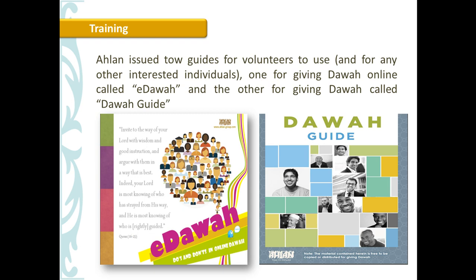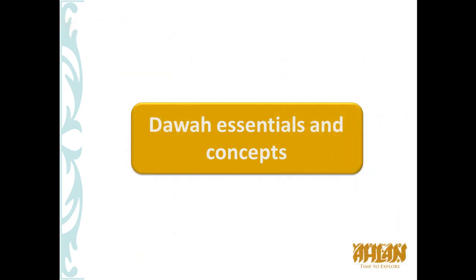Okay, this is a quick review of what Ahlan is doing, in order for you to understand what Ahlan's activities are and how you could participate, and we hope that you take some of these ideas after we finish this training and apply them in your home country, inshallah, bismillah.